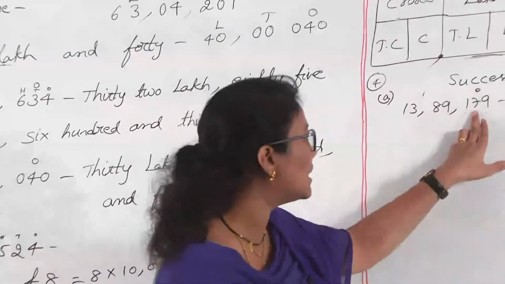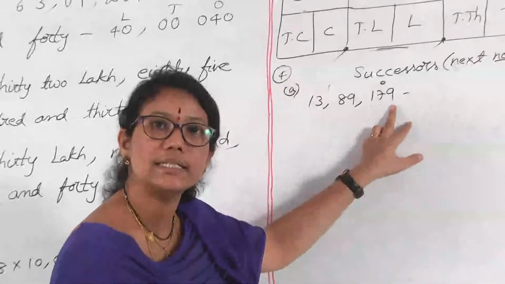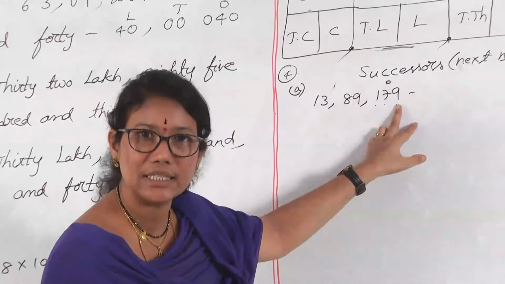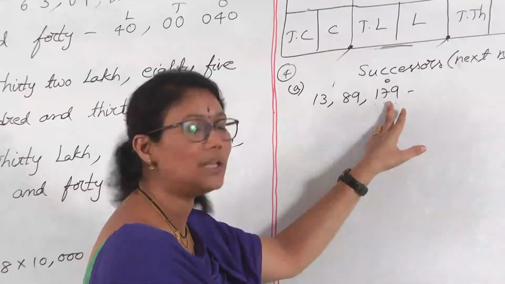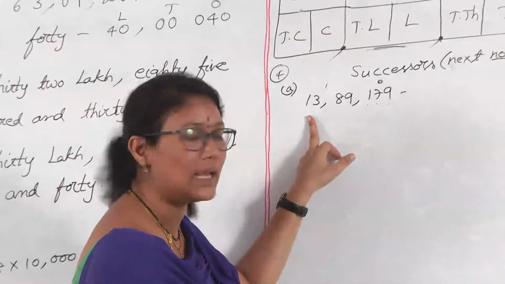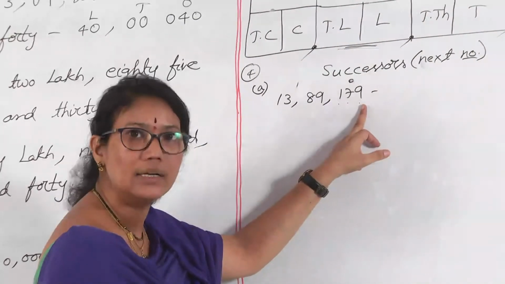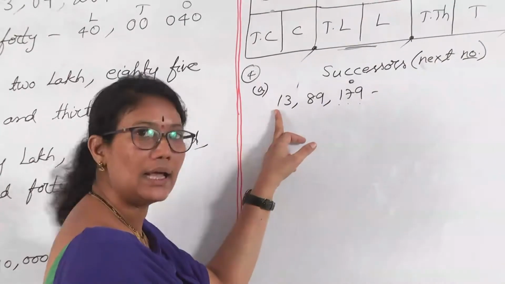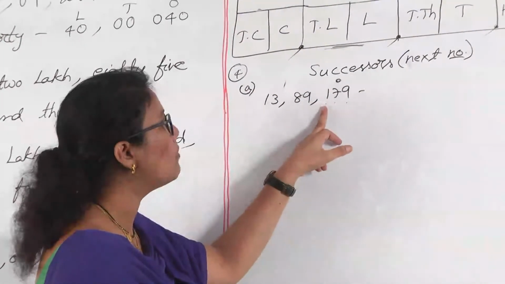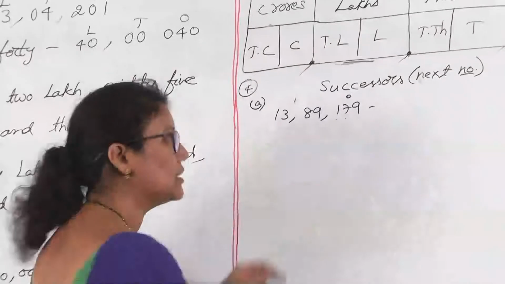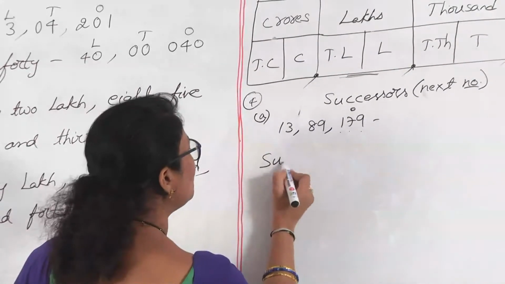After 179, 79 after? Next number for 79 is 80, right children? It is 80. That means the successor of 13,89,179 is 13,89,180, right?